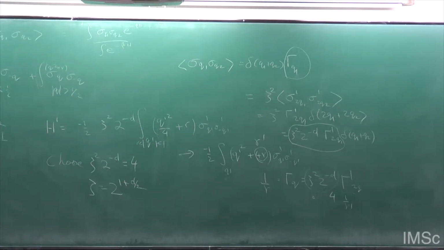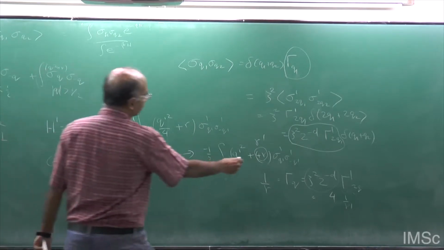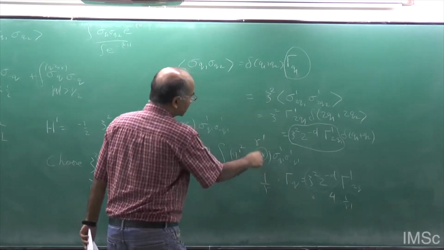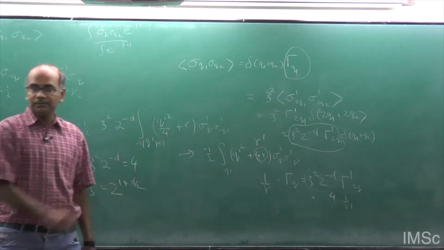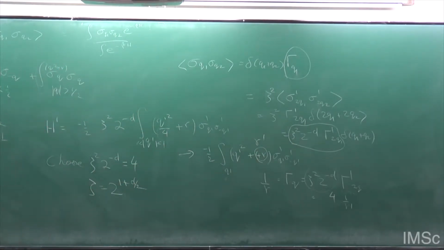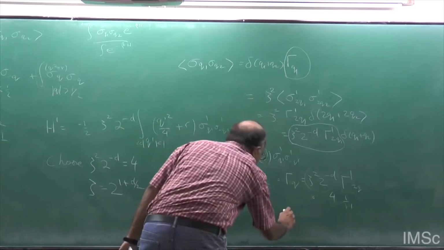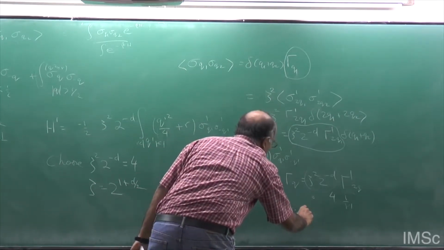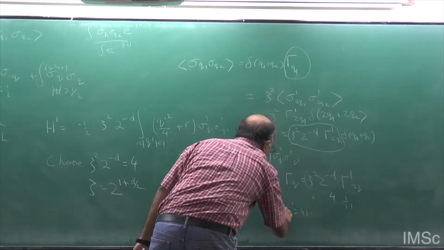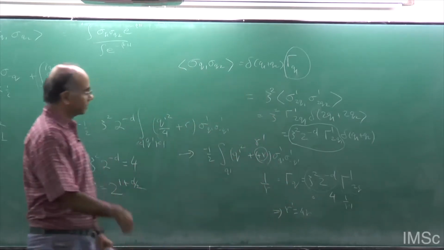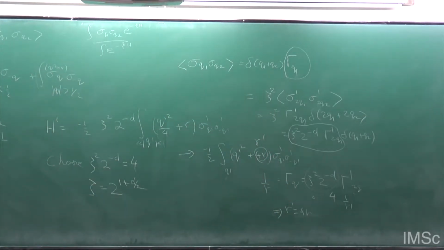Somewhere I had written it down, right? Where is that? Ah, here. R prime is 4r, or r is r prime by 4. So that's the same thing. So this also gives r prime is 4r. This also implies the same thing, or it's the same effect.